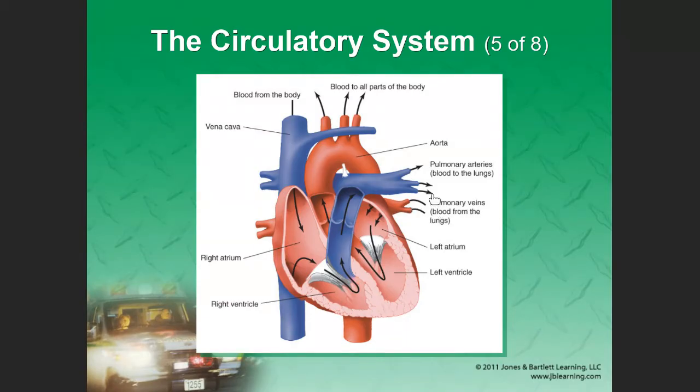Then that oxygenated blood will be pumped from the lungs via the pulmonary veins, right? So the oxygenated blood will be pumped via the pulmonary veins into the left atrium. The left atrium then contracts and pushes that blood through a one-way valve into the left ventricle, which is the largest chamber of the heart.